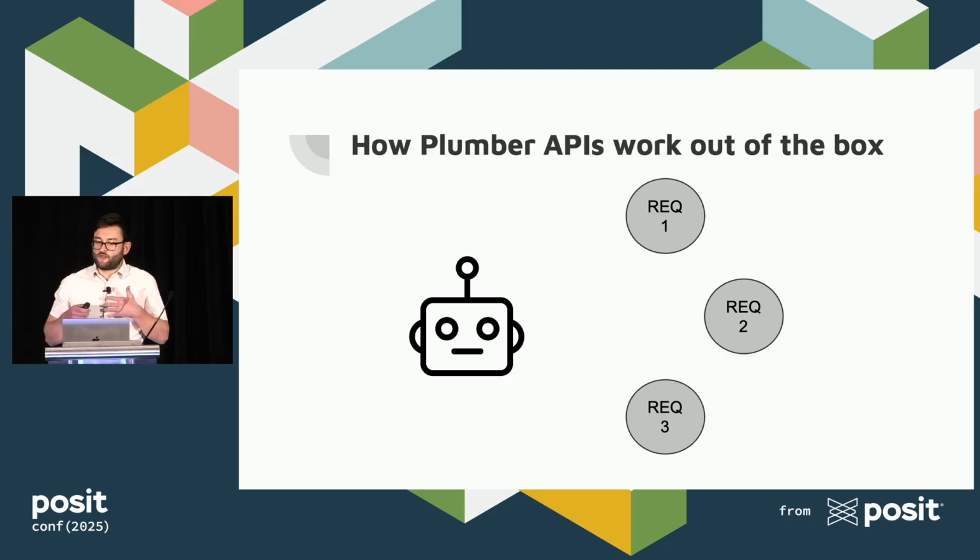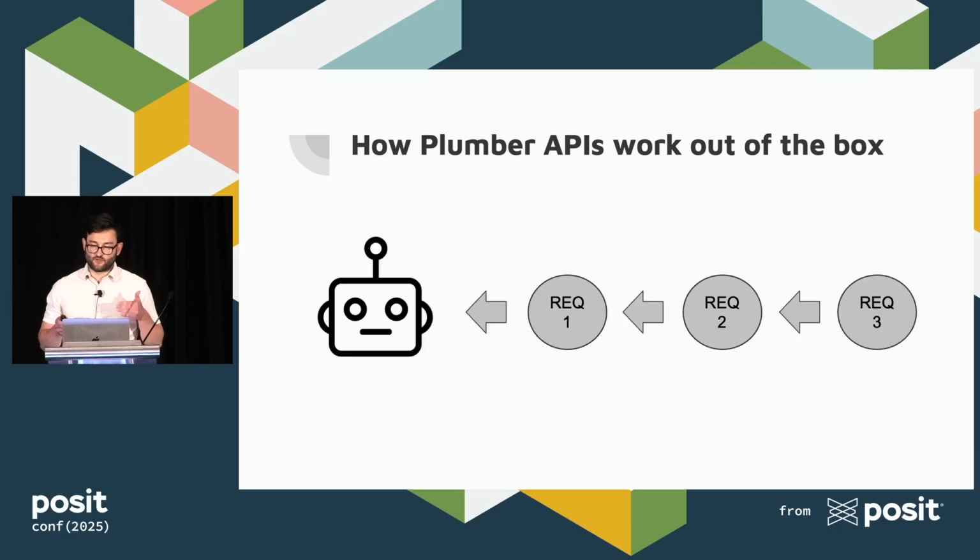So when you have our API here on the left and our incoming requests on the right, how does Plumber process these? Plumber is an R package, and R is single-threaded, meaning that it can process one instruction at a time. So when those 3 API requests come in, your Plumber API is going to munch through each one of them sequentially.